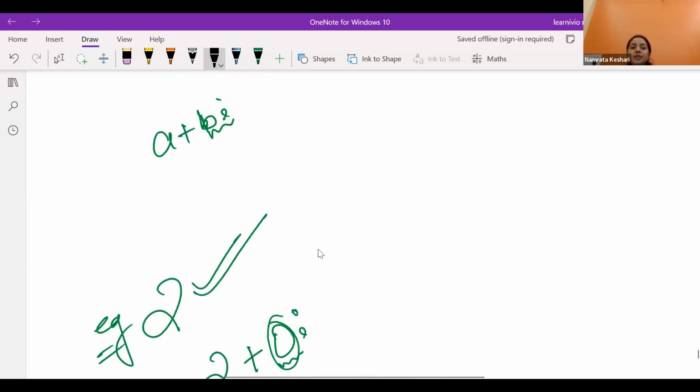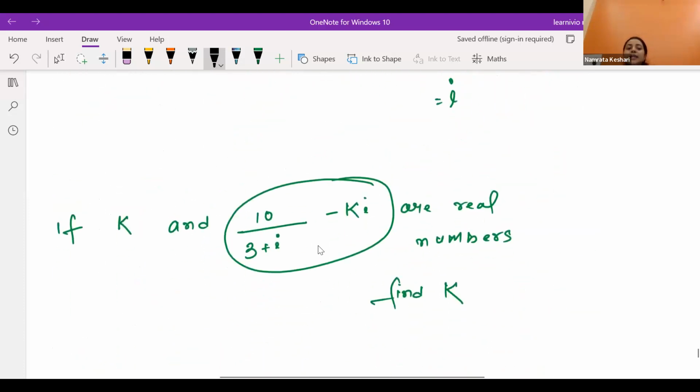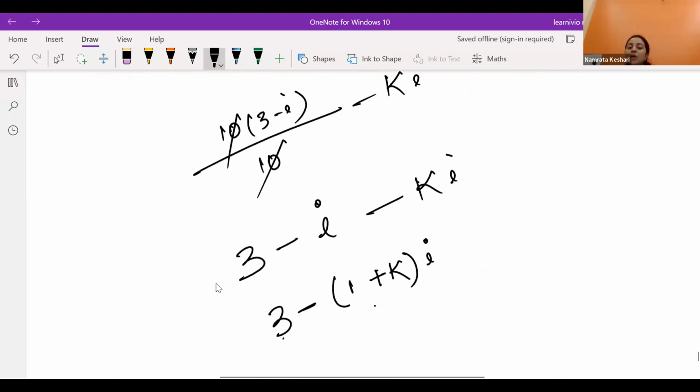Yeah. Now let's read the question. If k and this whole expression are real numbers, these two circles are nothing but real numbers, then find k. मतलब कि अभी अभी जो हमने कॉम्प्लेक्स नंबर we have represented in the form of complex number, ये रियल नंबर है पूरा। That means the imaginary part that comes out has to be zero.